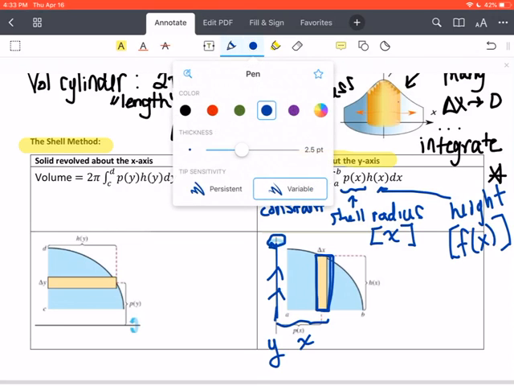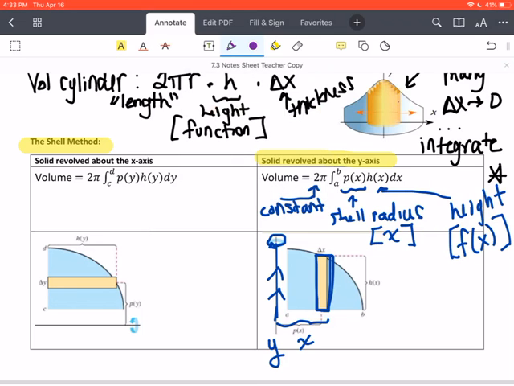Then when we go into looking at revolving around the x-axis, we see immediately that we are going to have our integral written in terms of y, because our rectangle is going to be parallel to the x-axis.